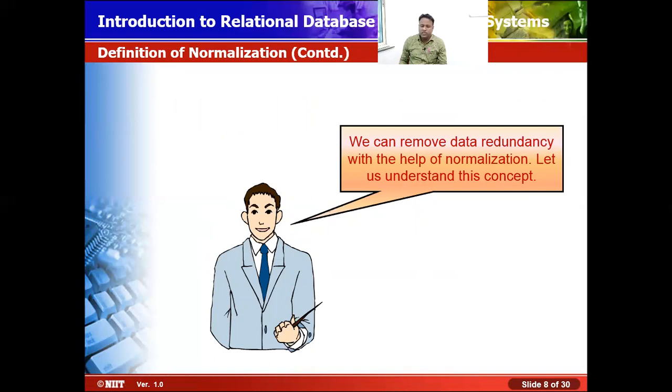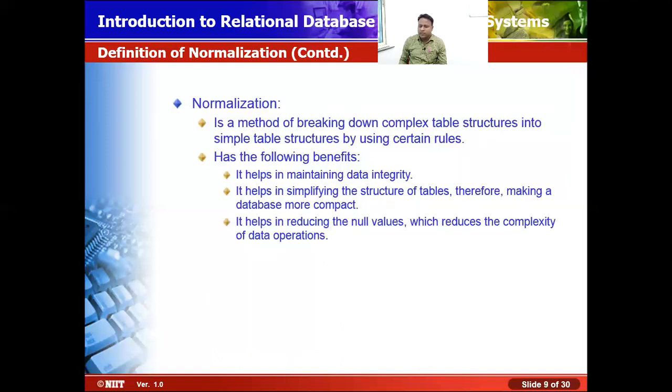Normalization is used to break a complex table structure into a simple one. It is a method of breaking down complex table structure into simple table structure by using certain rules. So by using certain rules, we can break the complexity of a table into a simple one.